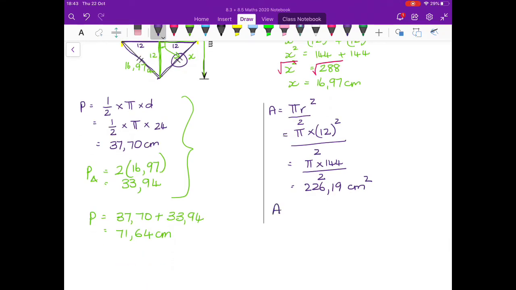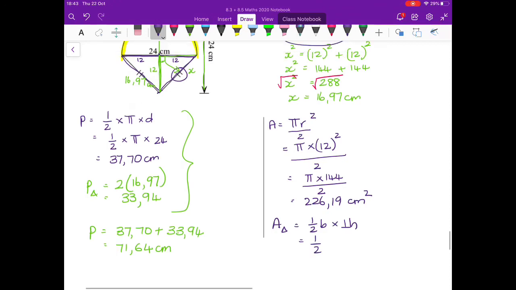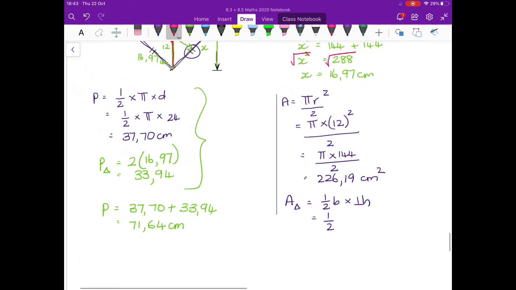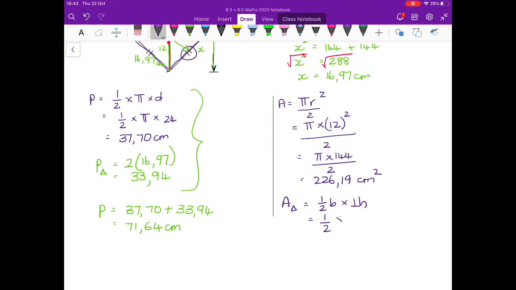Now I have to calculate the area of the triangle. Area of a triangle equals half base times perpendicular height, which is going to be a half. Remember, your right angle tells you which lines to multiply together. So I'm going to multiply 24 by 12, half multiplied by 24 multiplied by 12, and that is going to give me a total of 144 centimeters squared.